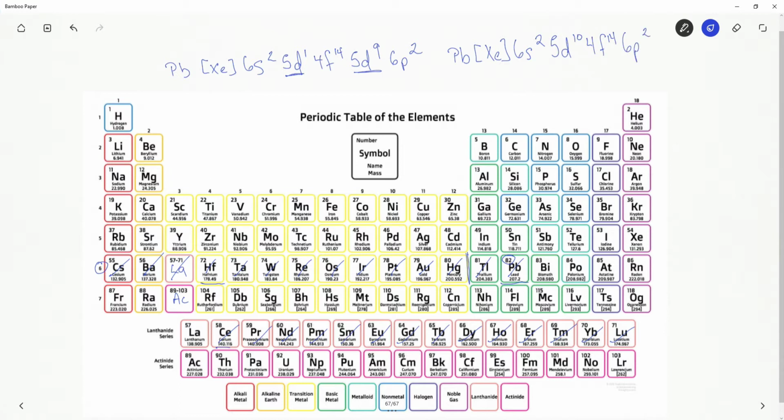It is perfectly valid to combine all of your d electrons. Now what I recommend is when you're just getting used to writing your electron configurations, make sure you count across just like I did for this first electron configuration. Because otherwise, what I see happening is students just skip across all the f electrons and keep on counting through the d electrons.